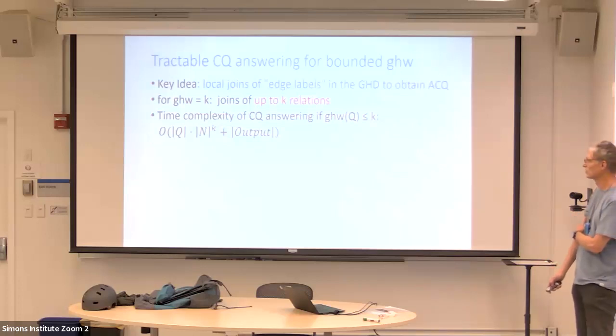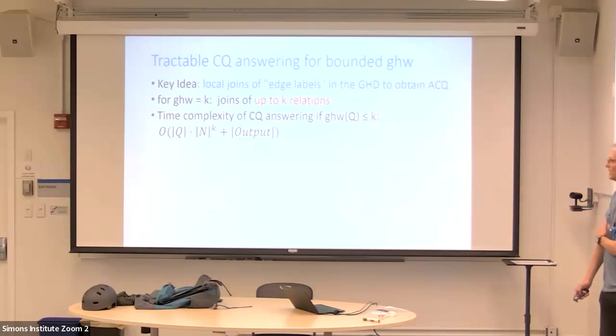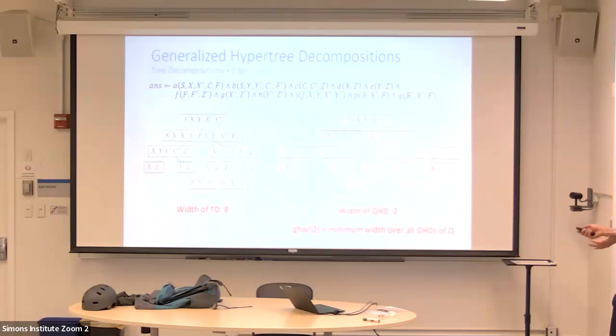In principle, it's also good to have low tree widths. Yeah, but it's good because we can transform such a query into an acyclic query by performing these local joins that we have here. Yeah, between the edges.